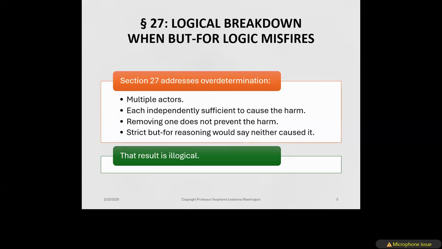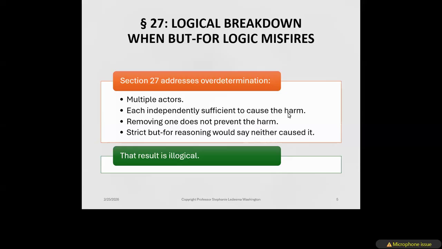Section 27 corrects that logical breakdown and allows for the multiple negligent factors independently sufficient to cause the harm on their own to then be identified as factual causes. That means that we have more than one factual cause in that situation.